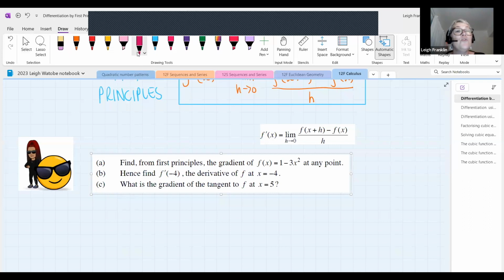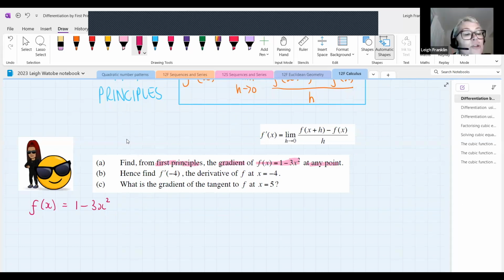All right, so the question asks us to find from first principles the gradient of f of x equals 1 minus 3x squared at any point. What I like to do is write down what f of x is. F of x is 1 minus 3x squared.